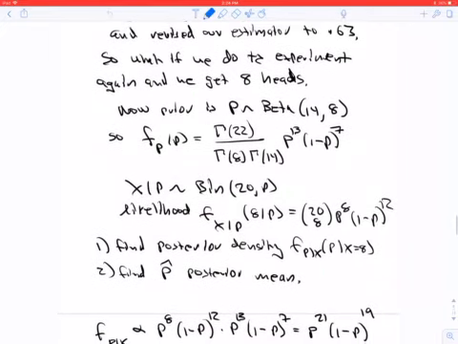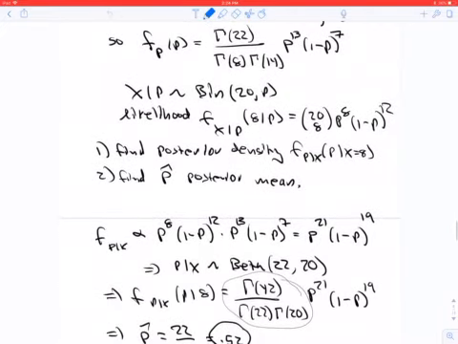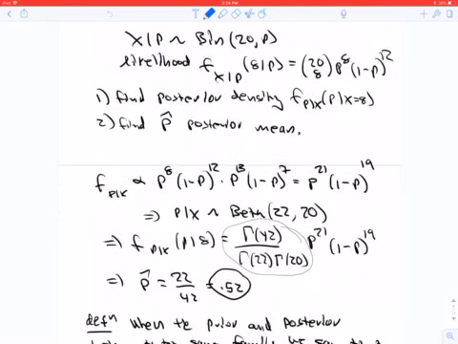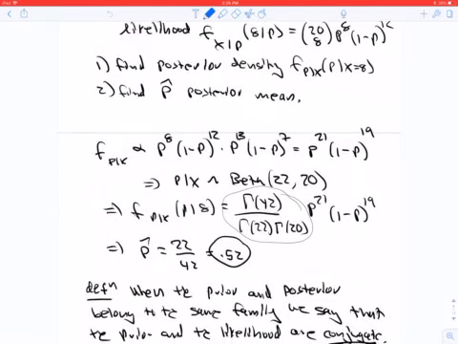I asked you to find the posterior density and the posterior mean, and you can calculate the posterior density by just recognizing the variable part of the posterior density, which is this, right?